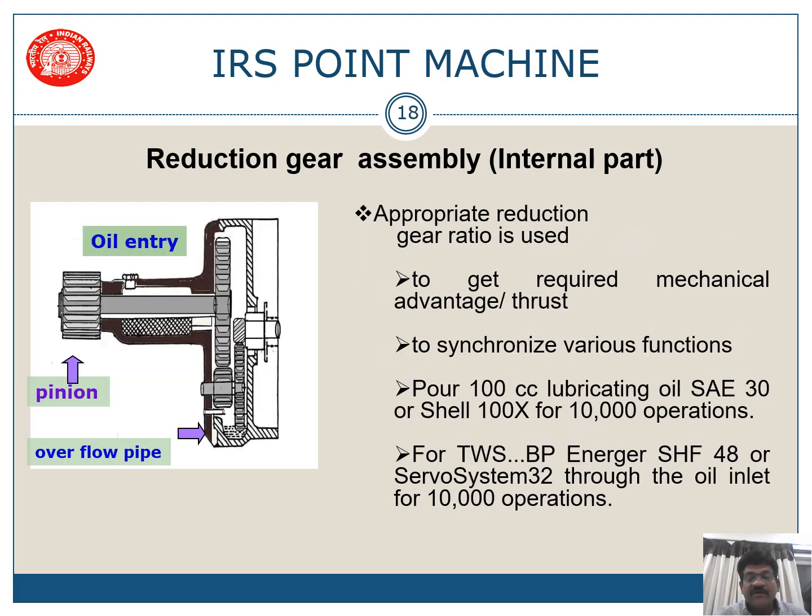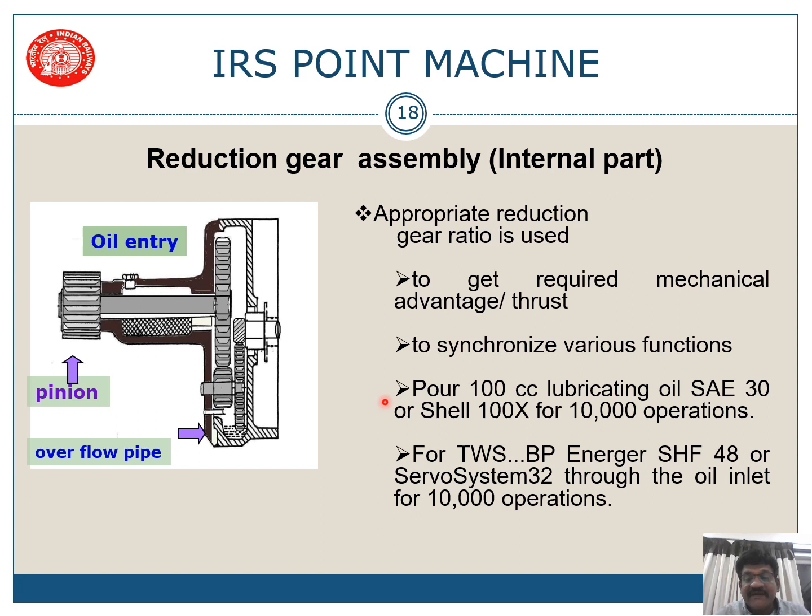Which type of lubrication is required? Here you have to provide oil whenever required. This oil collects here and helps in lubricating the reduction gear assembly. An appropriate reduction gear is used to get the required mechanical advantage and thrust, to synchronize various functions.